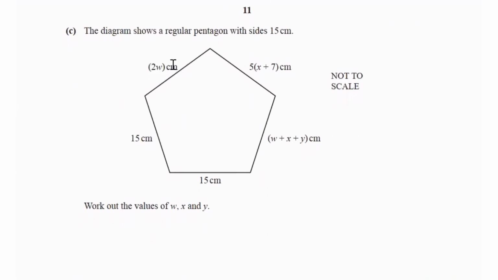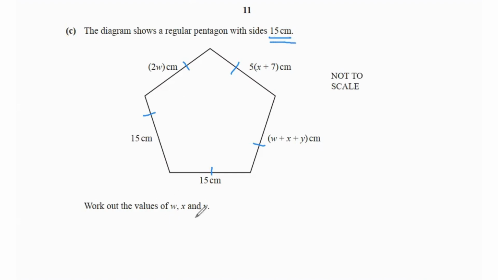Part C, the diagram shows a regular pentagon with sides 15 centimeters. Work out the values of W, X, and Y. So as you can see, it's a regular pentagon, which means all sides are equal, and the sides are equal to 15 centimeters.